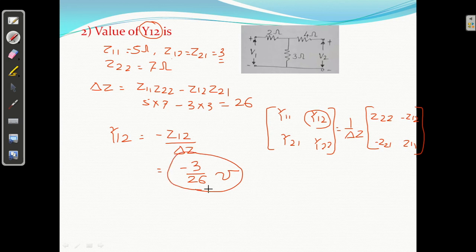That is the answer. In the same way, Y11 equals Z22 upon delta Z.